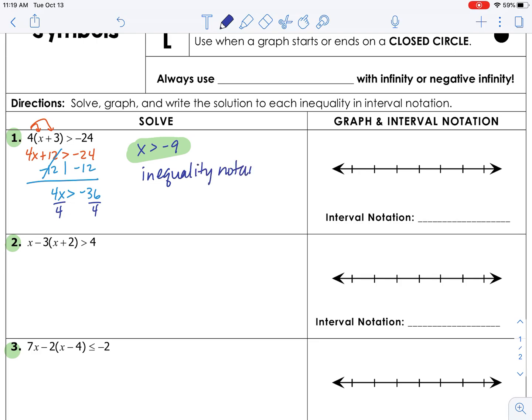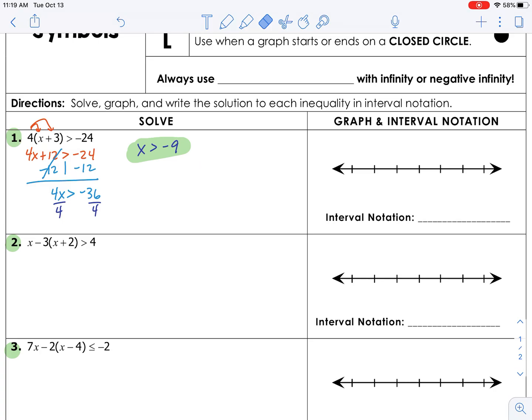So we have written our answer in inequality notation. Eventually we'll switch from inequality notation to interval notation.